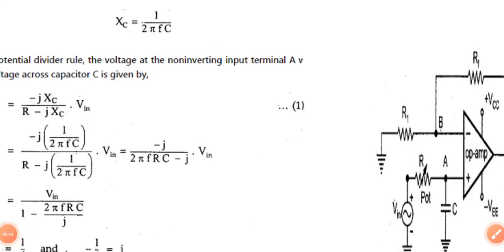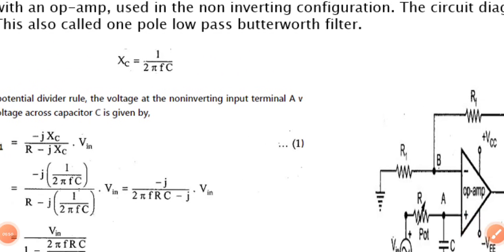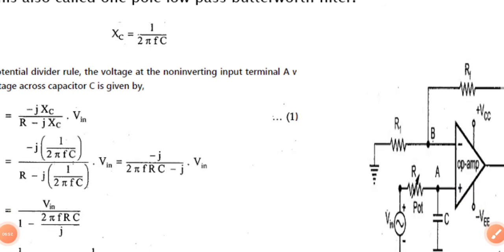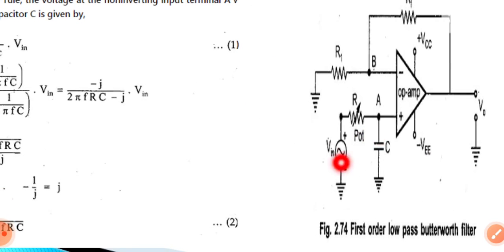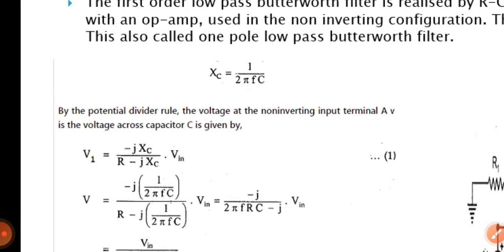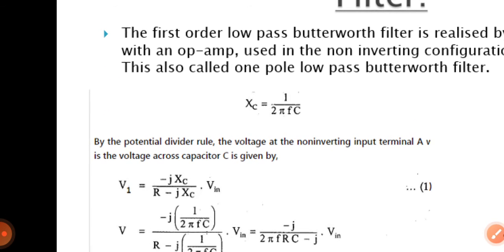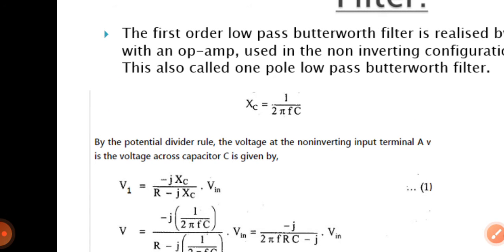Right, now I am going to take XC, the capacitive reactance. XC equals 1 divided by 2 pi fC. 2 pi is for one complete cycle, a 360-degree sine wave.